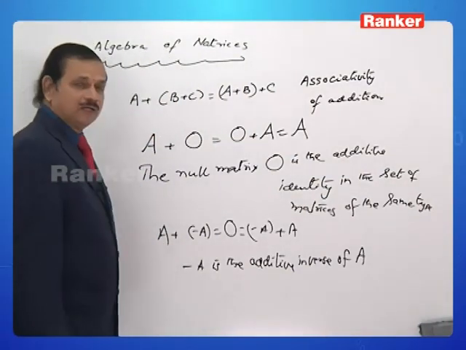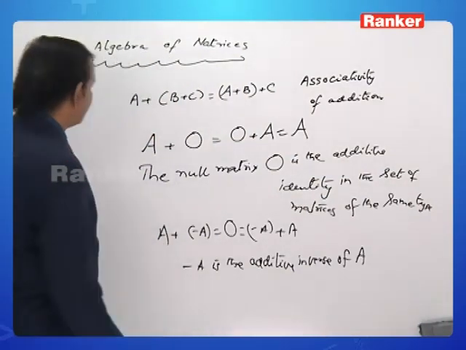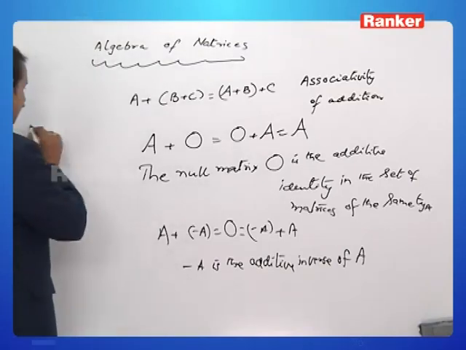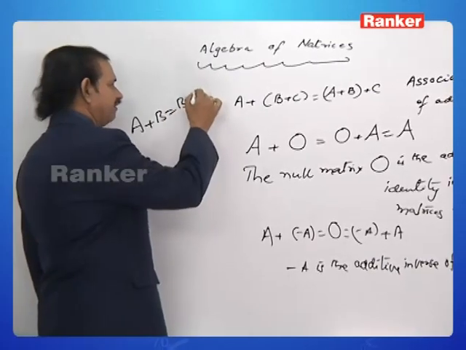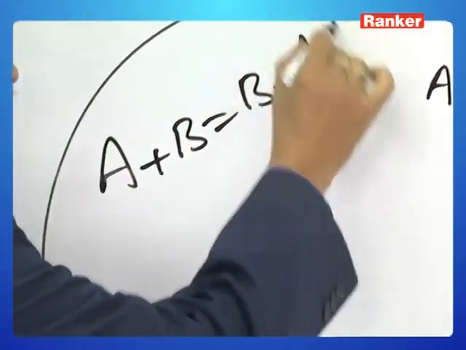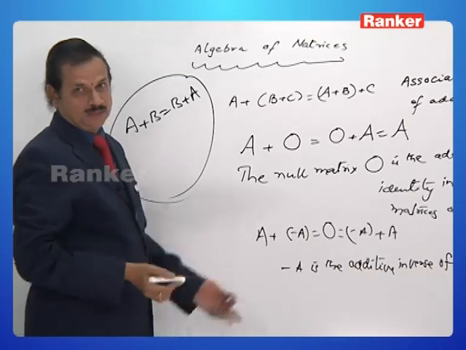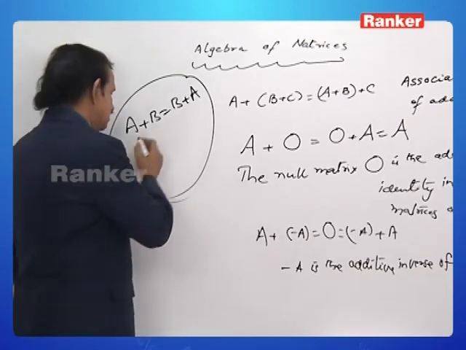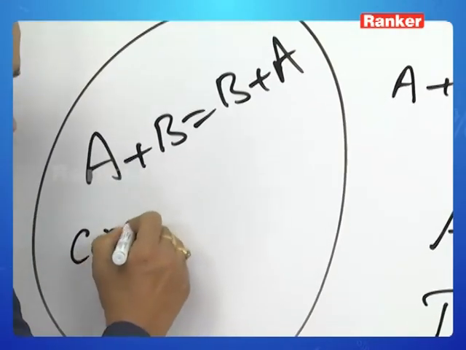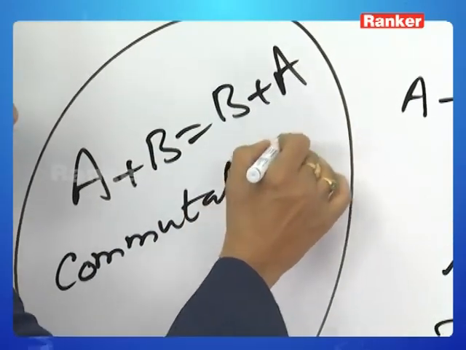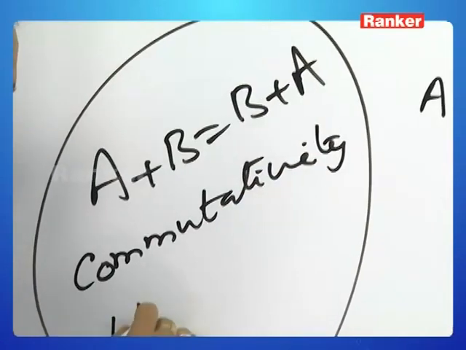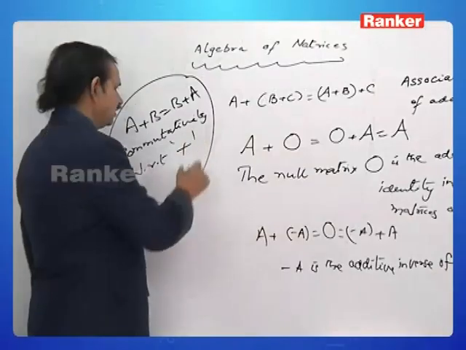Good. Besides this, we have one more character, that is A plus B is equal to B plus A for any two matrices A and B of the same type. This also holds good, and this property is of course called the commutative property, commutativity with respect to addition of matrices.